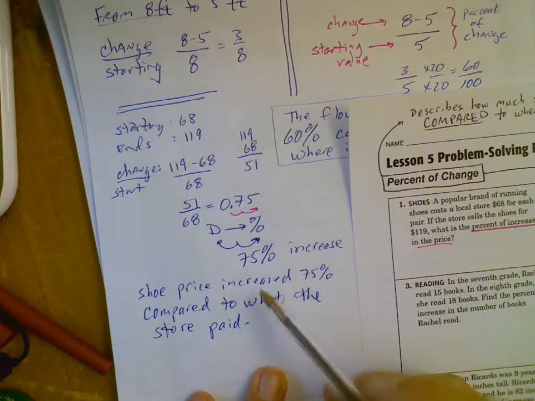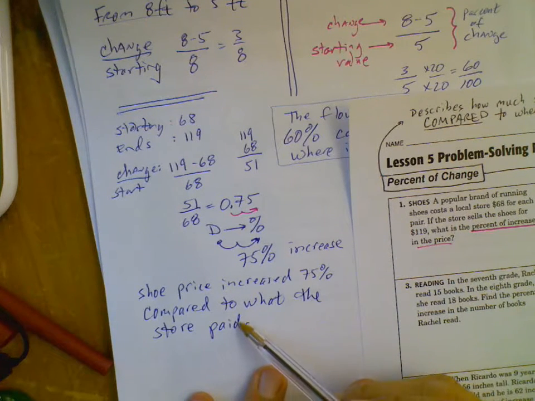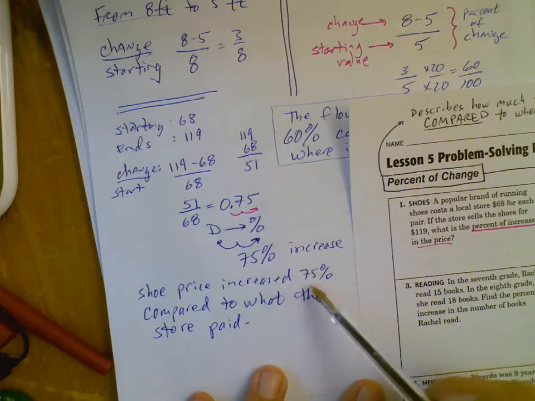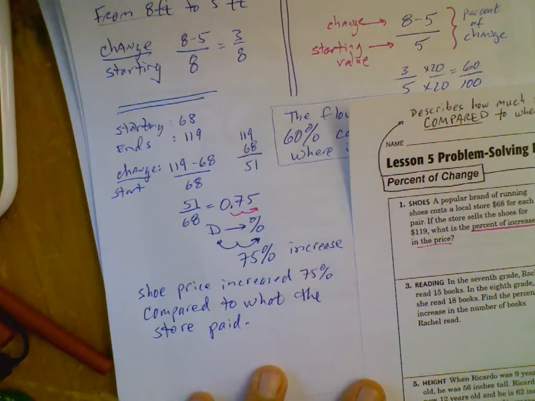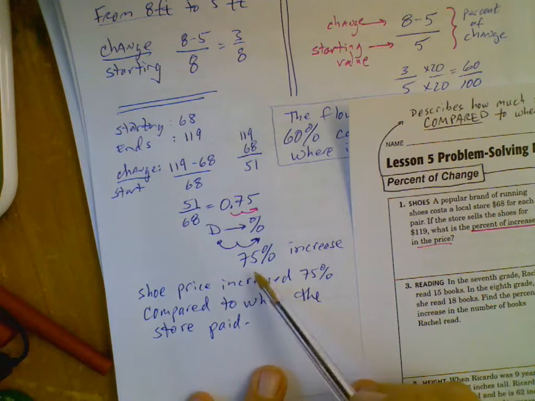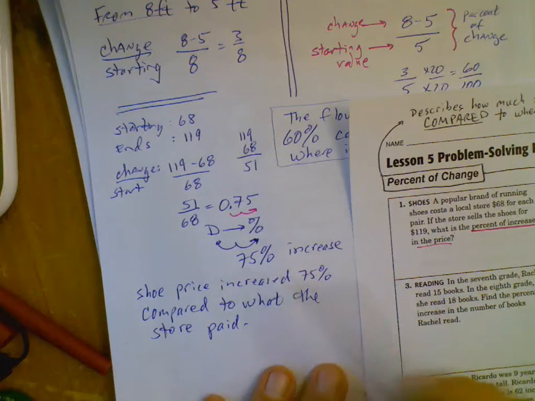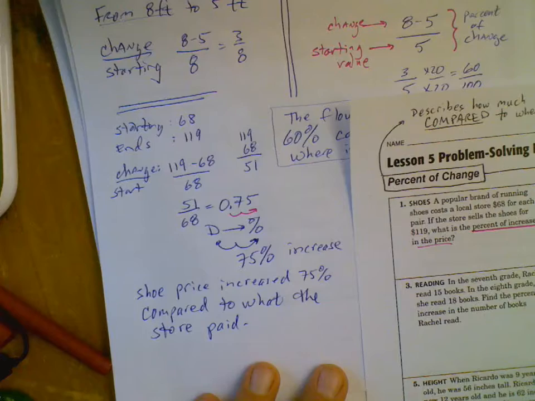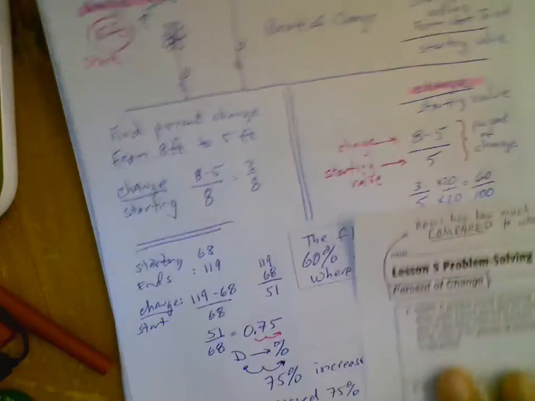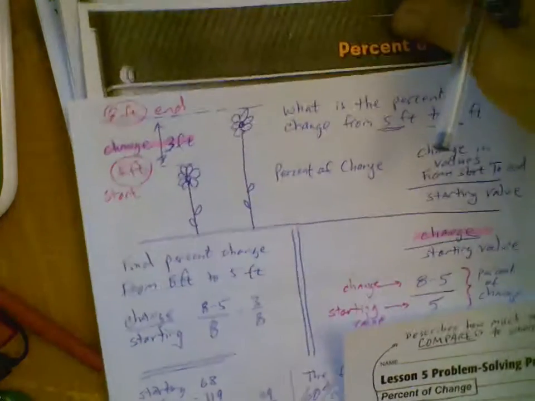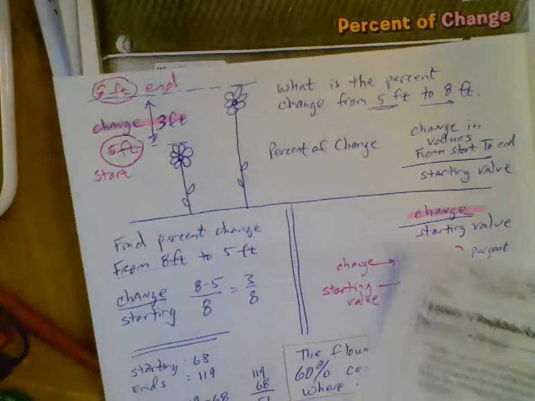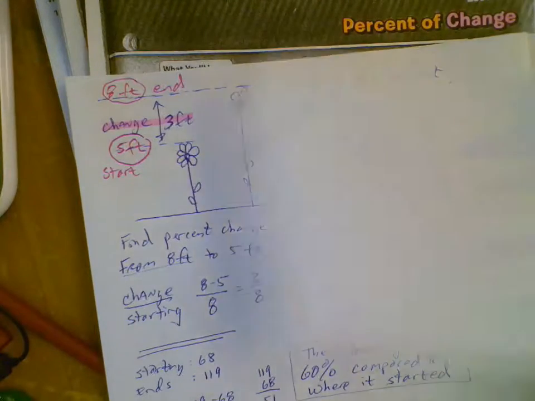That means the store raised the price by 75% of what they paid for it. And that is it. I don't know if that's what stores normally do, but in this case, that's what they did. So a little wrap up to where we've been, and then you guys will move on and you'll dominate this stuff for yourself.